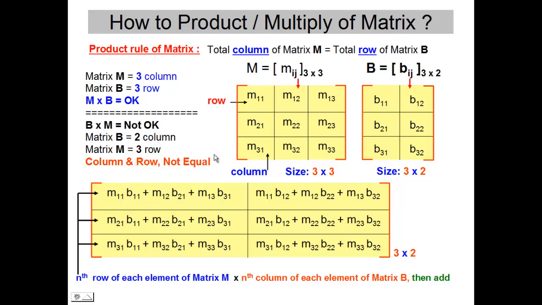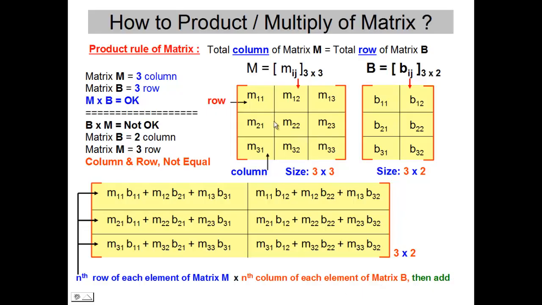Now what is the process of multiplication of a single element of both matrices? So check the first row first element. The first row first element is each element of the first row of matrix M multiplied by each element of the first column of matrix B, then added.